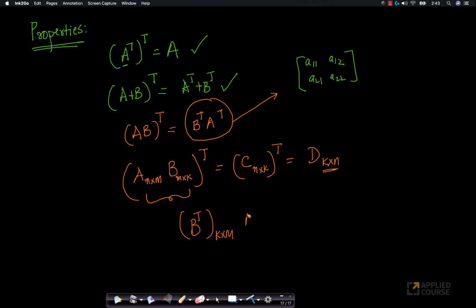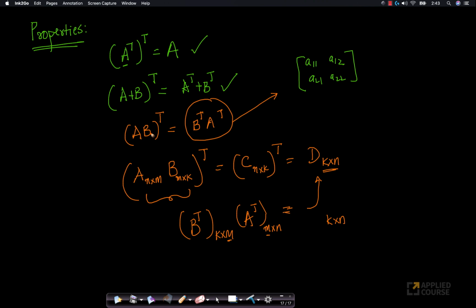What about A transpose? The A matrix is of size n cross m, so A transpose will be m cross n. When I multiply both of them, because m and m match here, I would get a matrix which is k cross n. Of course, you need to prove that rigorously. I'm just matching the dimensions, or the size, of the matrices here.